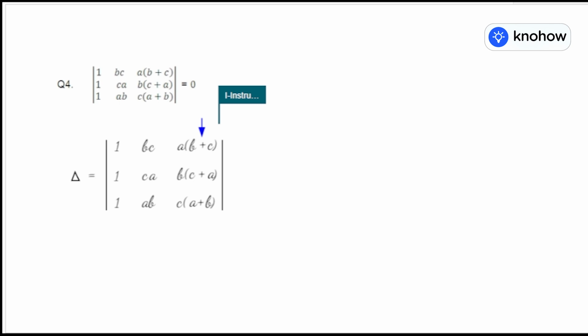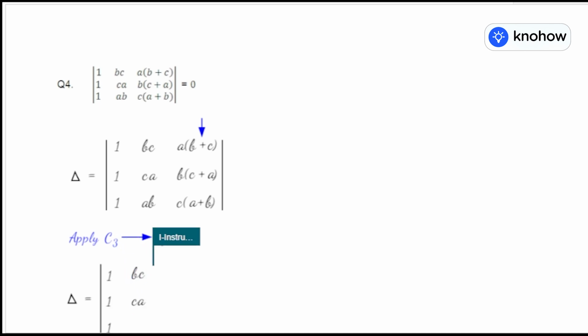So here I propose that we should apply the change C3 as C3 plus C2. That means to elements of column 3 add the corresponding elements of column 2, and the value of delta remains unchanged.